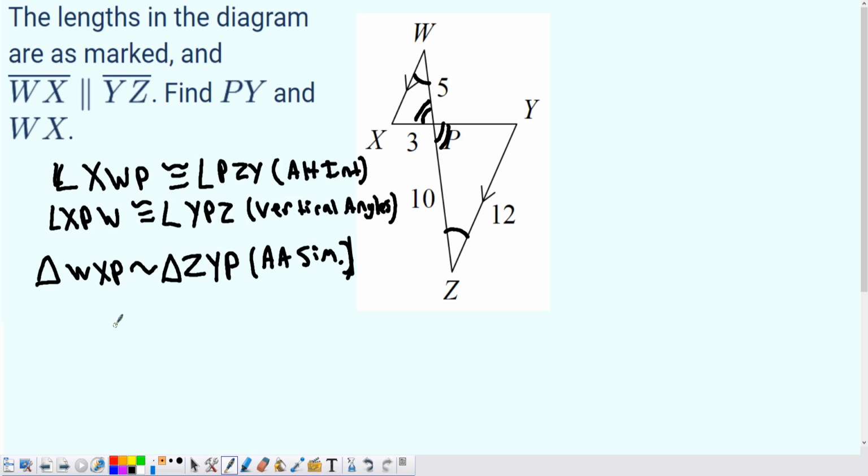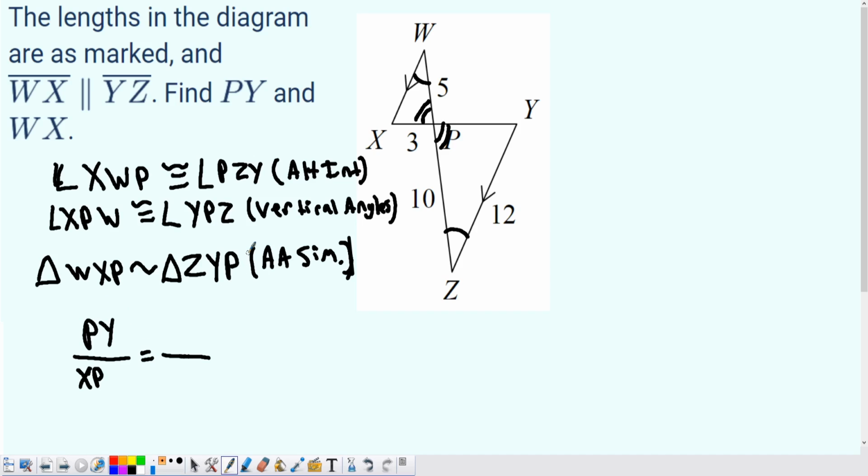So now that that is true, we can come up with some proportions. What seems to be the smallest side of WXP? Well, that seems to be XP itself. Even better yet, let's start with what we're trying to find, PY. PY seems to be the smallest side of PYZ. So that would match with the smallest side of WXP, which is XP. And let's come up with some other ratios.